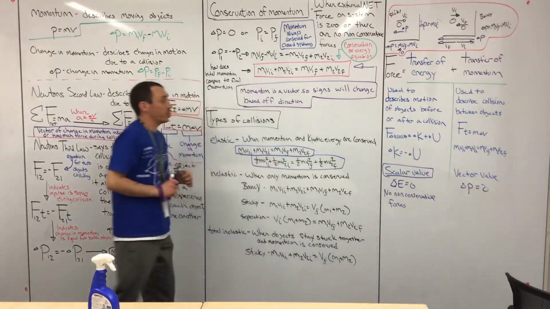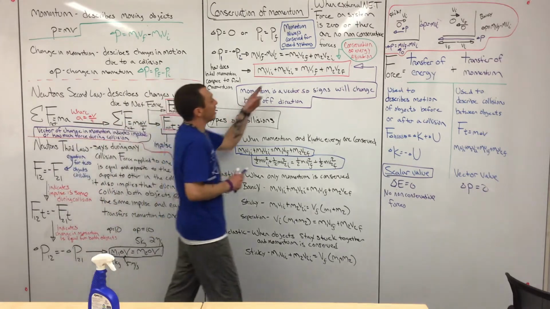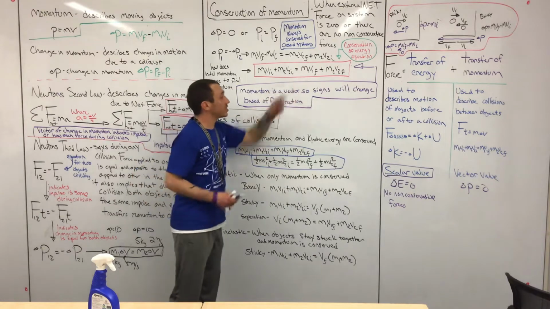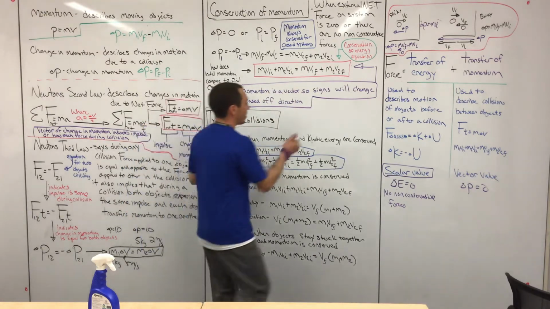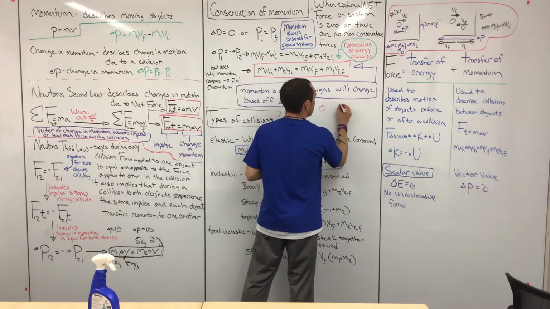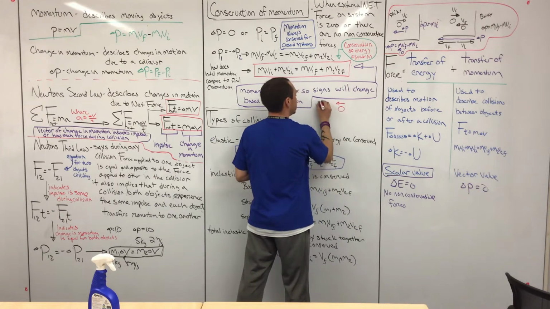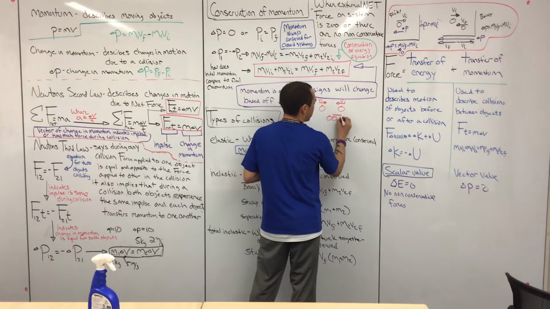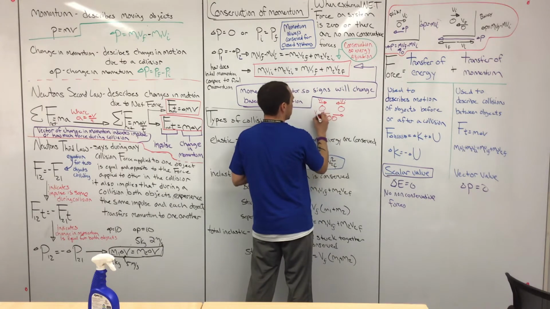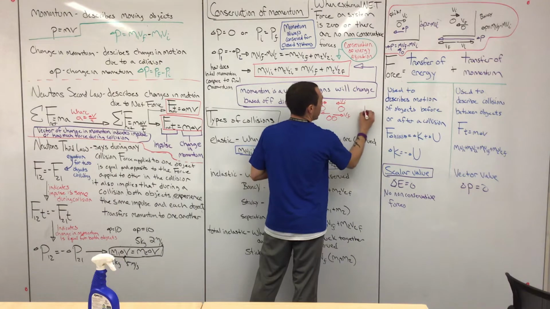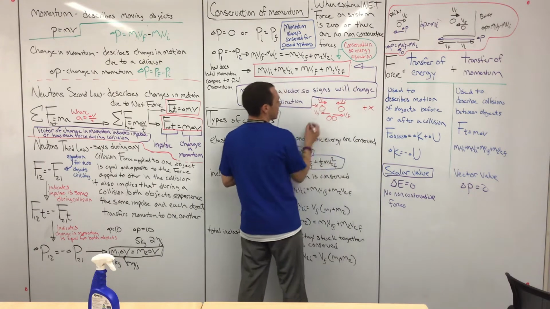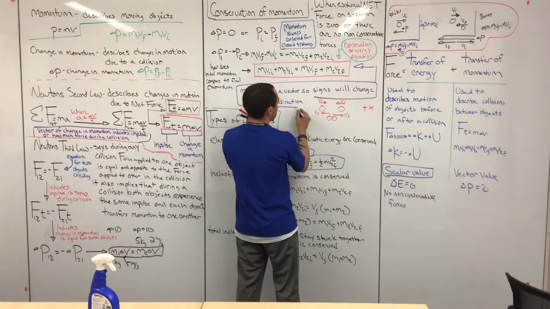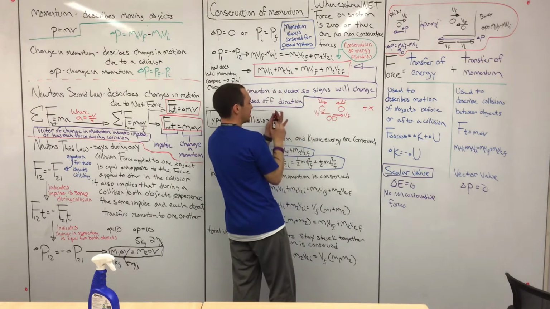Another reason why it's important to understand that these are vector values is because once you get this conservation of momentum equation, you need to know that the signs will change. If I have two balls coming towards each other, those are their initial velocities, and then they bounce off each other, there are their final velocities. We know they're going to have different signs because these velocities are vectors.